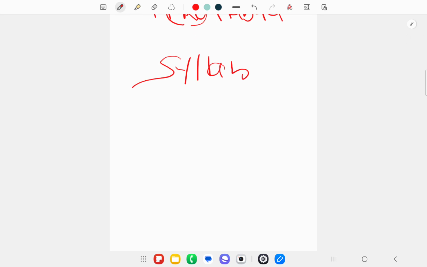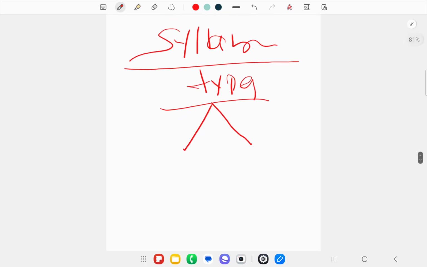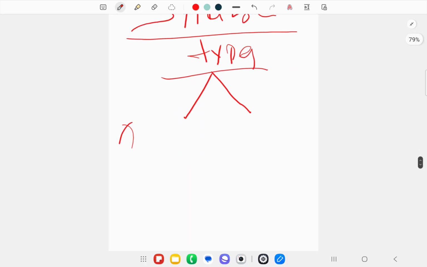Next we will talk about syllabic weight. Here I will be discussing what syllabic weight is. At first, we'll talk about the types of the syllable. As we know, there are two types of syllable: first, the open syllable, and second, the closed syllable.